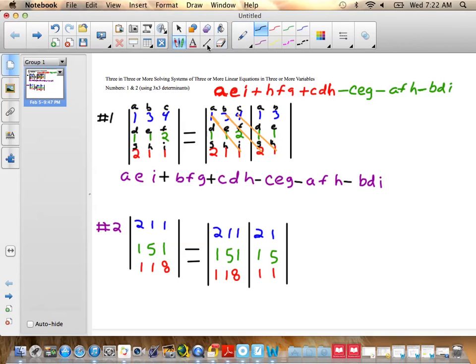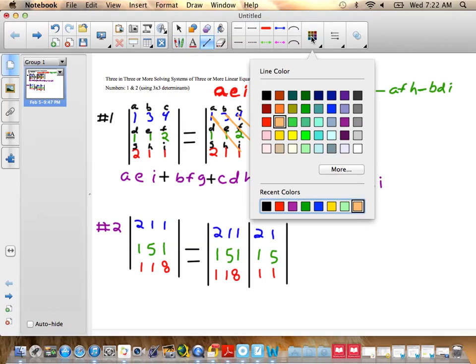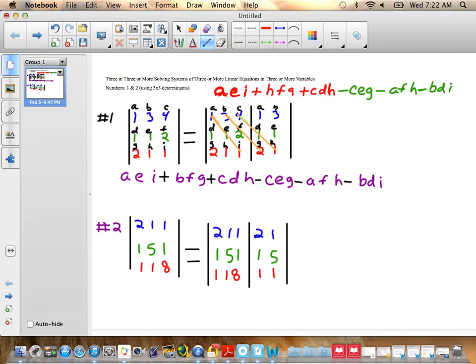Then I went back in the other direction with my diagonals, 1, 2, 3, A, B, C. I go C, E, G, then A, F, H, then B, D, I. Those are the positions of my diagonals.